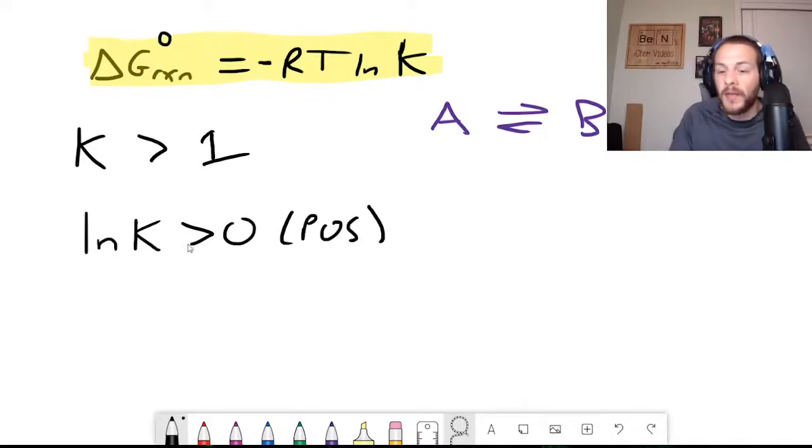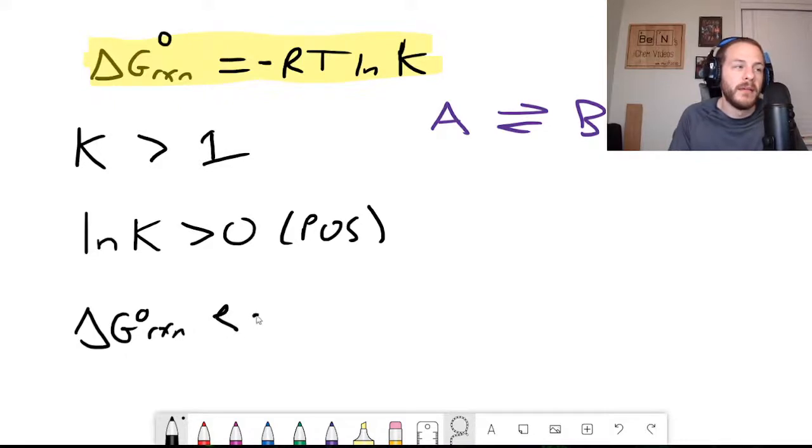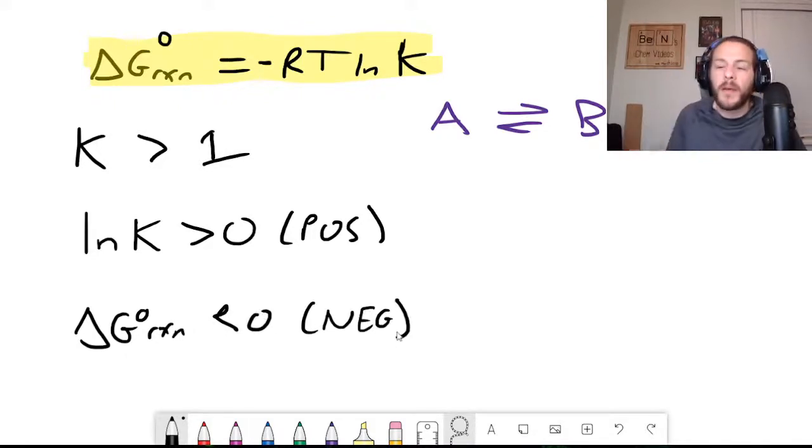And if natural log of K is positive, then this minus RT ln K term is going to be negative, which means that the standard delta G for this reaction is going to be negative. It's going to be less than 0, and so negative delta G means spontaneous.